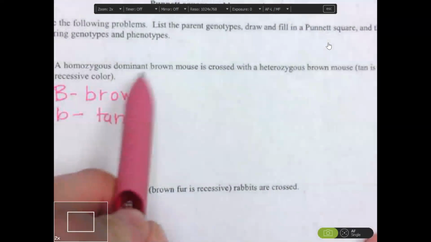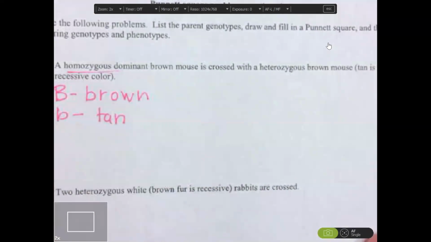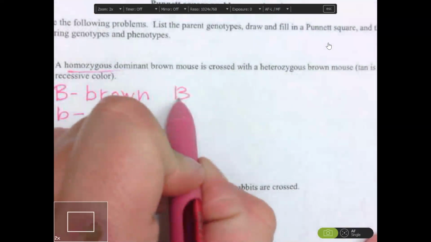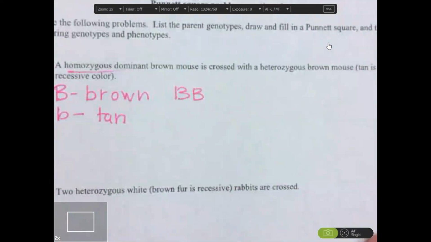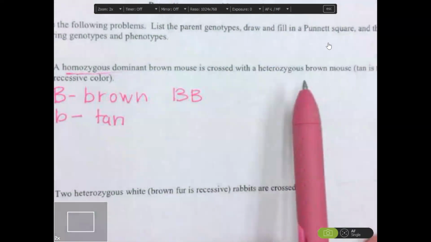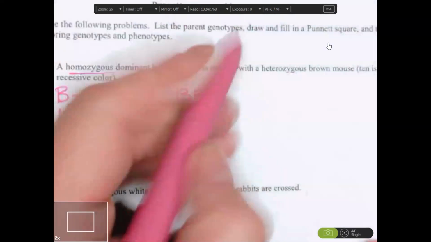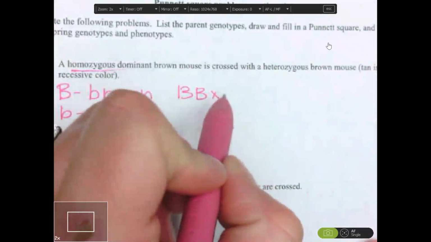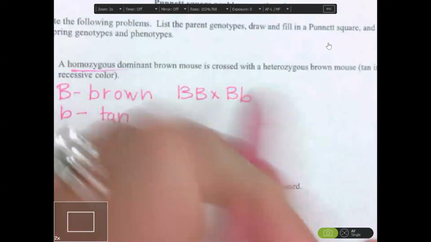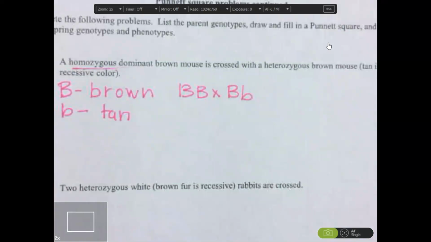I have a homozygous dominant, so that means I have 2 of the same allele that are dominant, and I'm crossing it with a heterozygous brown mouse. So now we're going to do our alleles.